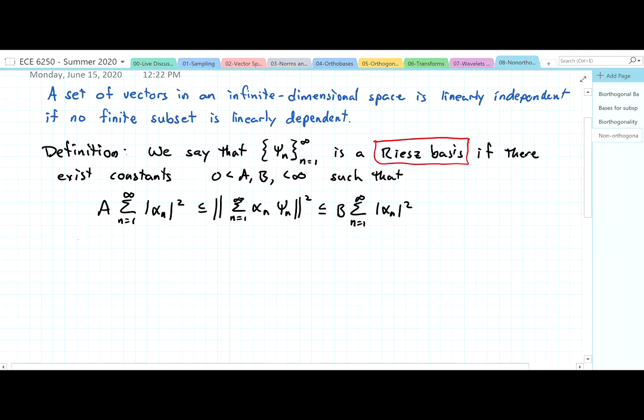And this has to be true for all sequences of alpha n that are finite. If everything's infinite, it doesn't really make much sense to talk about it.